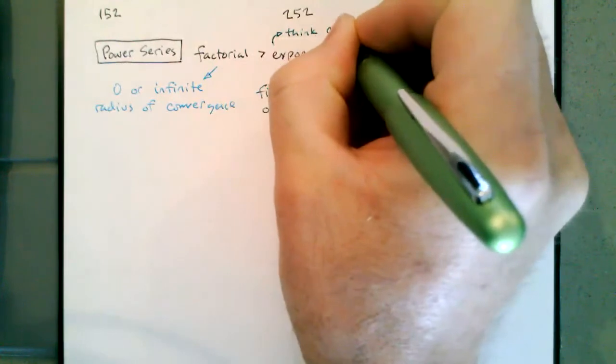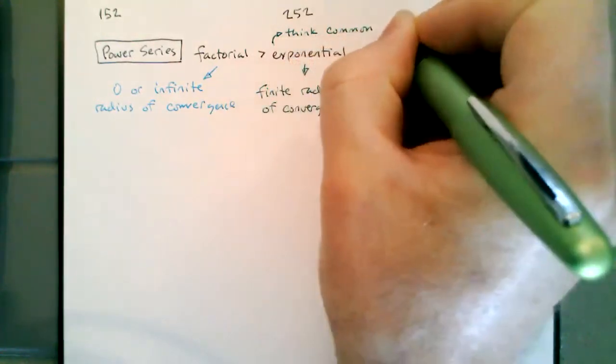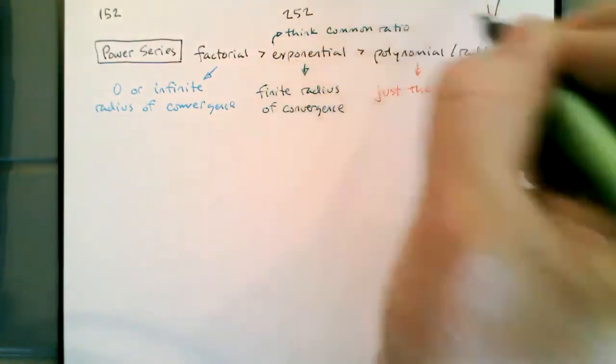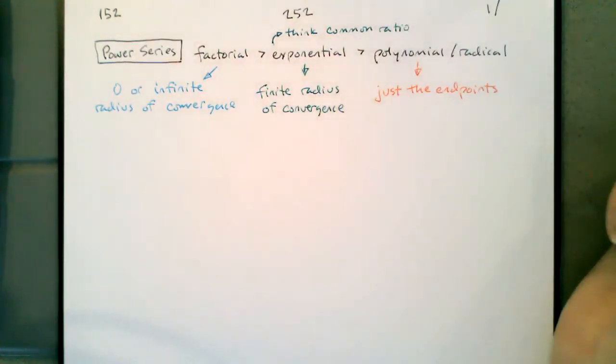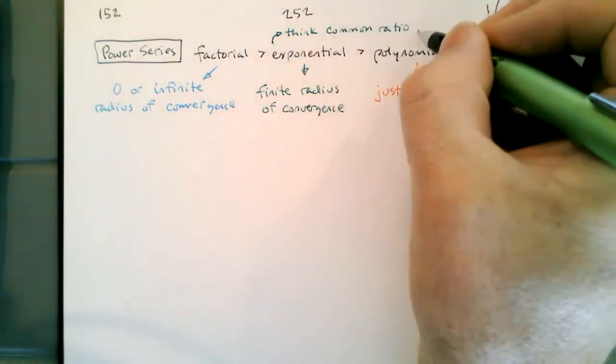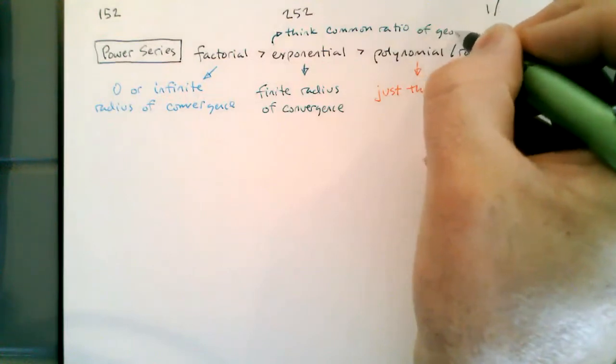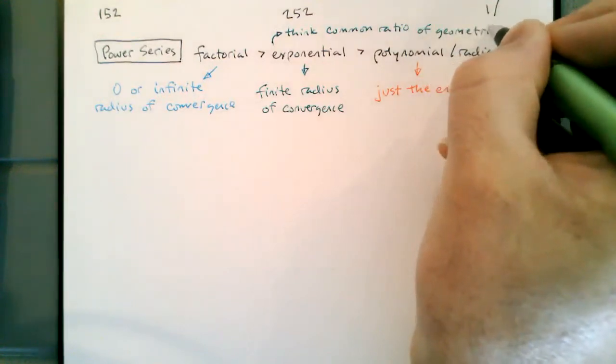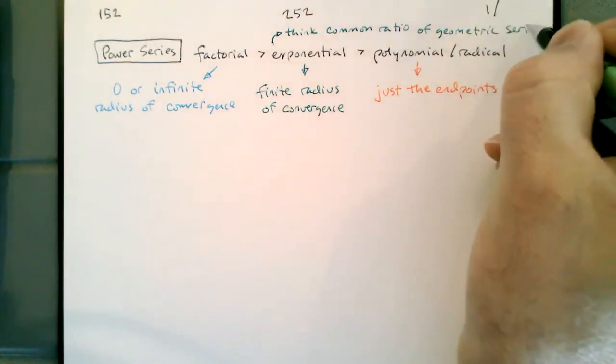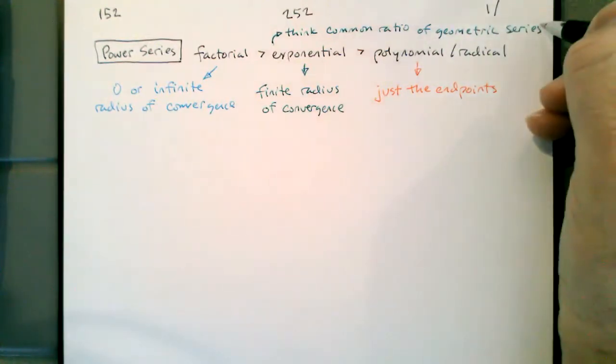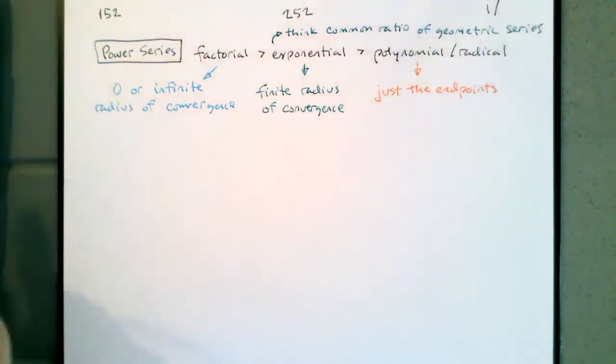Even though we might not be looking at a geometric series, we should think common ratio of a geometric series. And we know that the common ratio needs to be strictly less than 1 for a geometric series to converge. So it's the exponential factors that are going to expand or contract a finite radius of convergence.